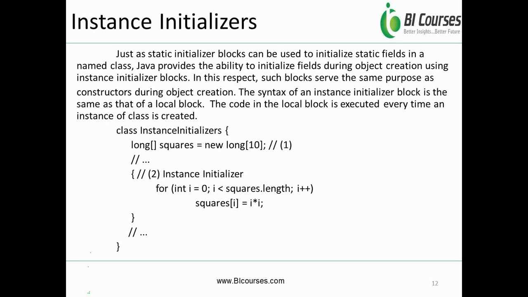We will discuss constructors in future sessions. The code in the block is executed every time an instance of the class is created. In the earlier example, the static initializer used static fields, whereas in instance initializers we can use the instance variables and initialize them.